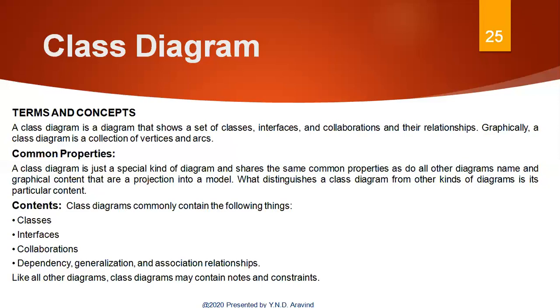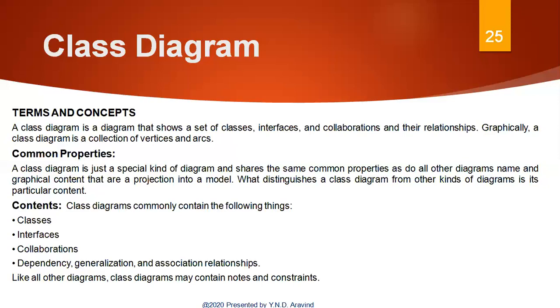A class diagram is just a special kind of diagram which shares the same common properties as all other diagrams. The name and the graphical content that are a projection into a model distinguish a class diagram from other kinds of diagrams in its own particular content.